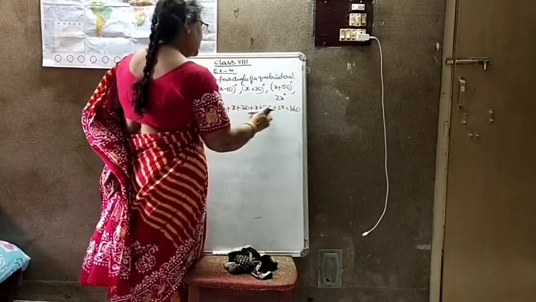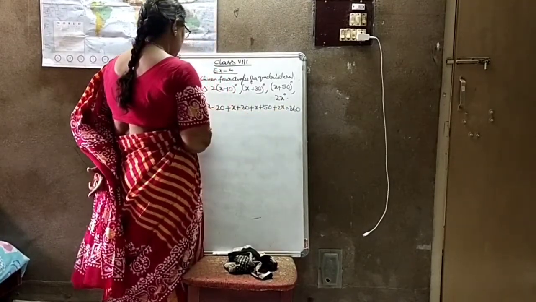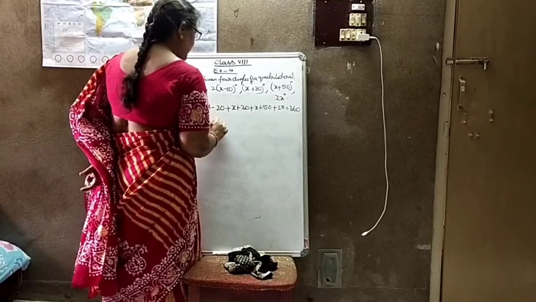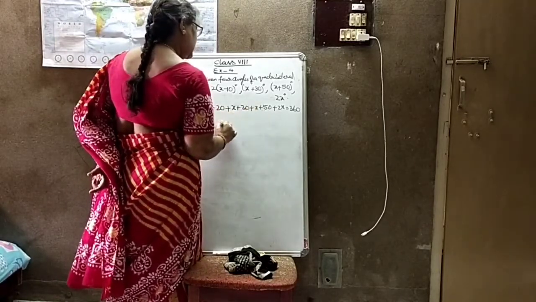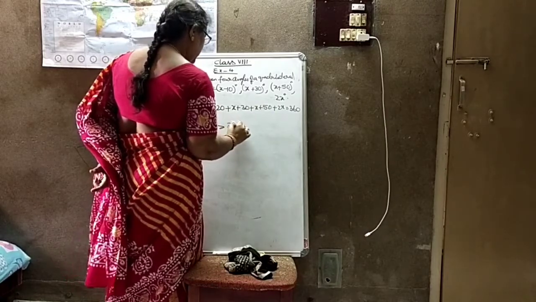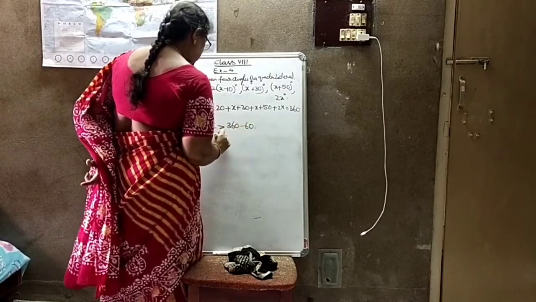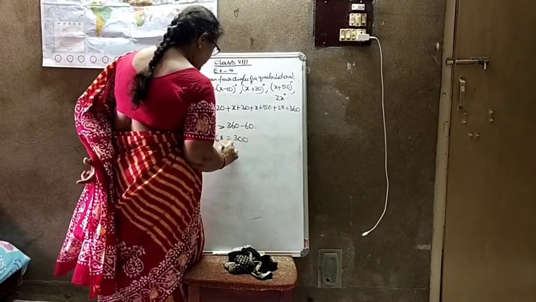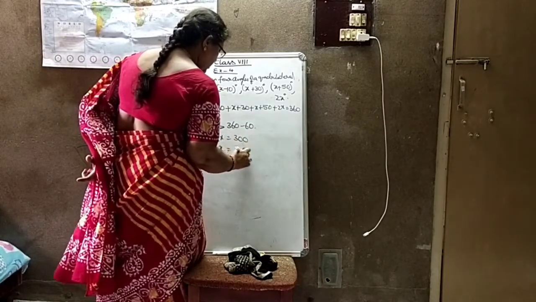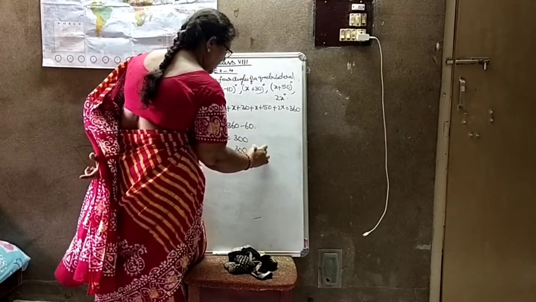All the x's add: 2x, 3x, 4x, 6x, plus 10 plus 50, that is 60. 360 minus 60, so 6x is equal to 300. So x is equal to 300 by 6, that is 50 degrees.